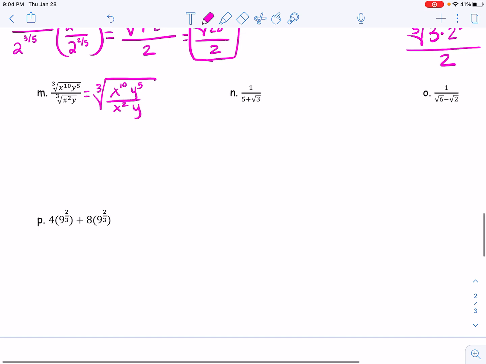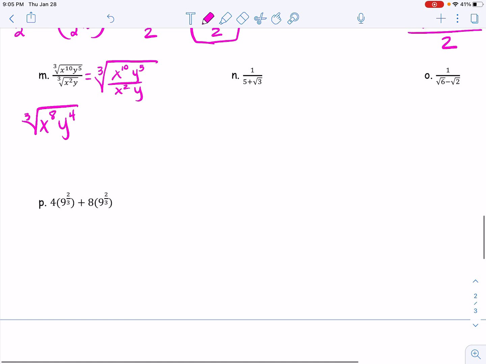So now this is the cubic root of what's x to the 10th divided by x squared. That would be x to the 8th. Yeah, x to the 8th. And then y to the 5th divided by y is just y to the 4th.